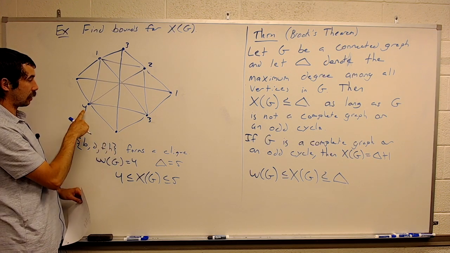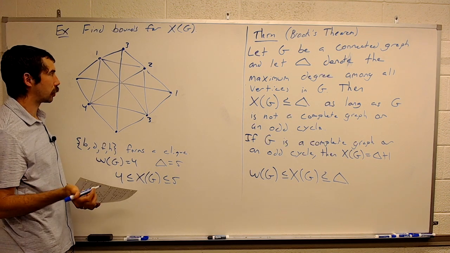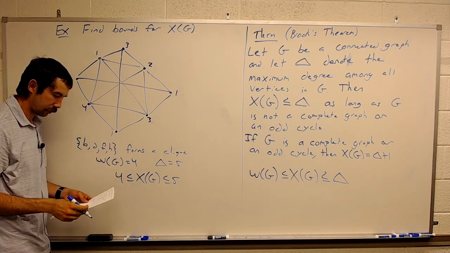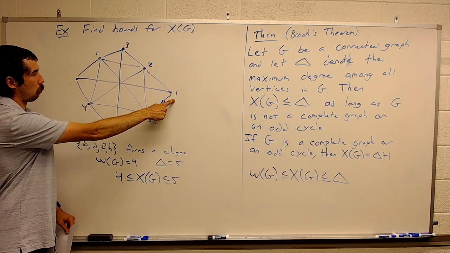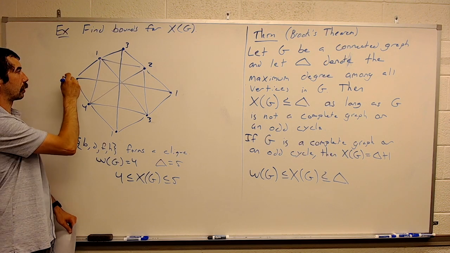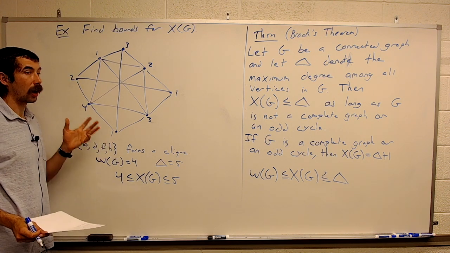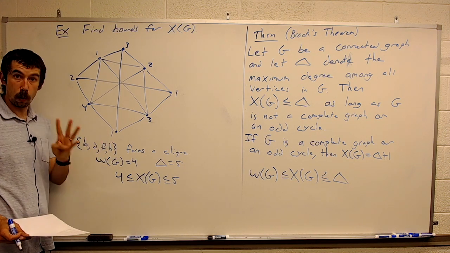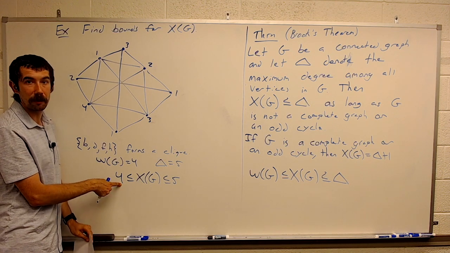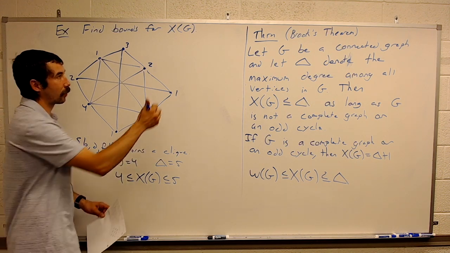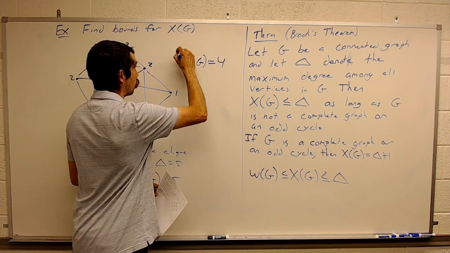This vertex is neighbors with 4, 3, and 3. So we could label it 1 or 2. I'll do 1 again. And this vertex is neighbors with 1, 1, and 4. So we could label it 2. All right, so since we were able to color this graph using 4 colors, and we know the smallest our chromatic number could possibly be is 4, we have concluded that the chromatic number is indeed equal to 4.